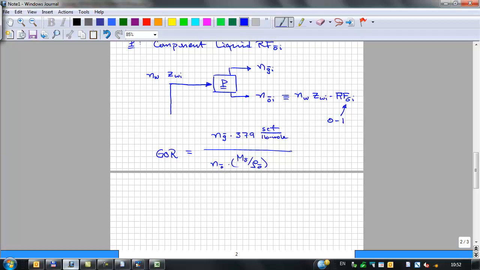And then that's going to give it to us in cubic feet, right? If you use pounds per cubic feet, pound moles and so forth. So if we take that cubic feet and divide by 5.615 cubic feet per stock tank barrel. All right.